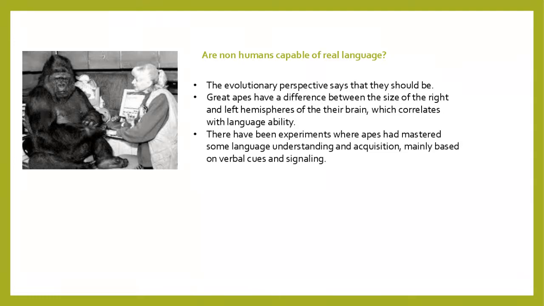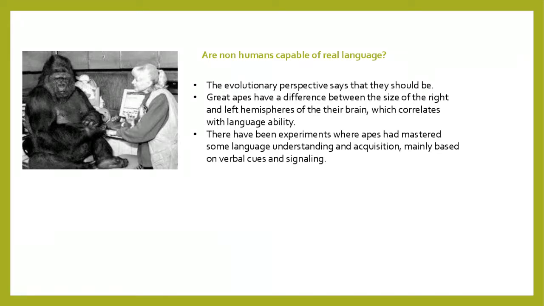So from a neuroimaging point of view, the great apes should be able to speak, but the experiments that have been carried out show that that is not the case. There are cases where apes have mastered language understanding, but not necessarily speech.